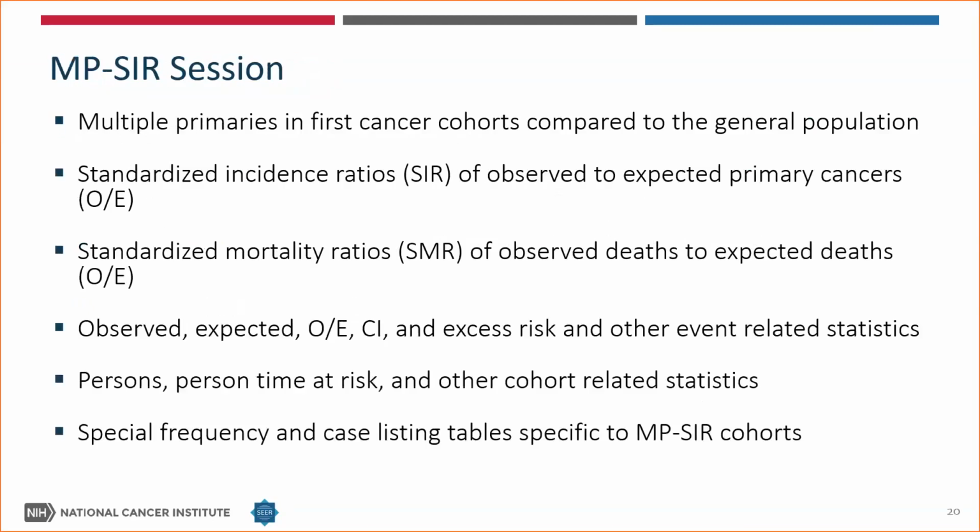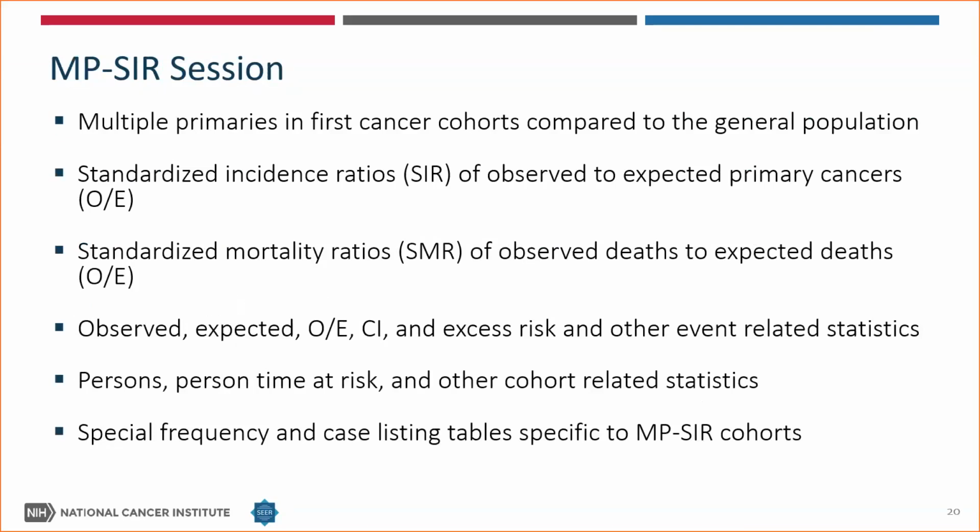We have the multiple primary standardized incidence ratio sessions. It's a mouthful. So MPSIR, and it really should be MPSIR or SMR. So it was originally put in to look at multiple primaries, but it's really used for calculating SIRs and SMRs. So you follow a cohort of patients.